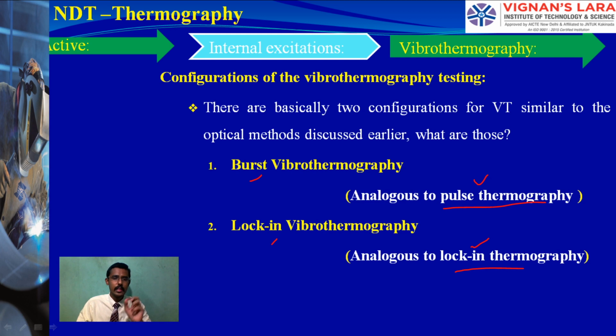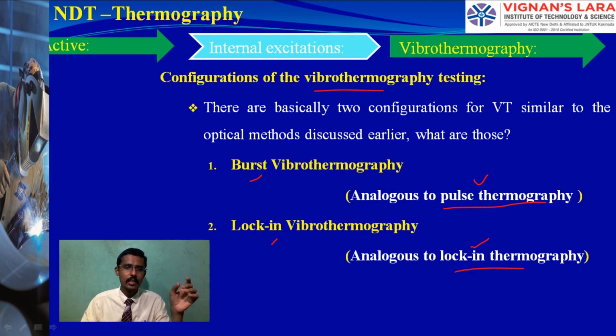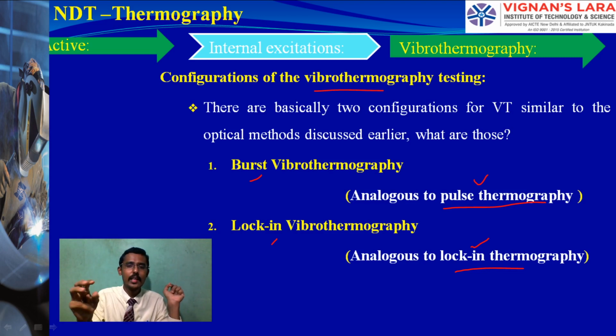We need a little understanding here. In vibrothermography, the source of energy is different. The source of energy here is ultrasonic vibration. The other two methods we have seen: one is the photographic flash lamp method, and one is the periodic lighting of a halogen lamp method.